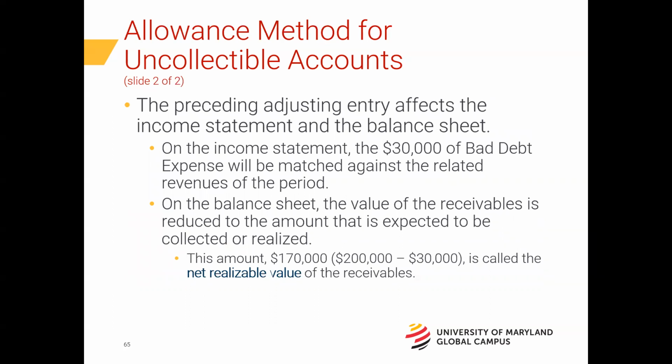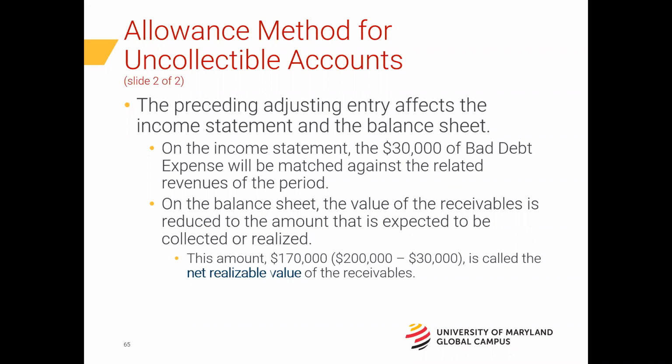There's an effect when we do that. There's an effect on the net realizable value of our receivables. So, clearly, when I do any type of write-off, whether it be a direct write-off or an allowance method write-off, you're clearly reducing your current assets.